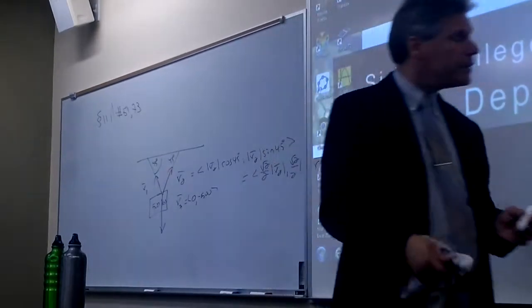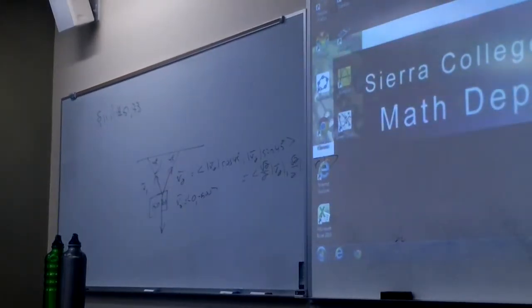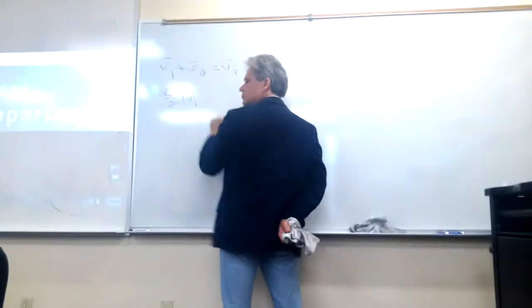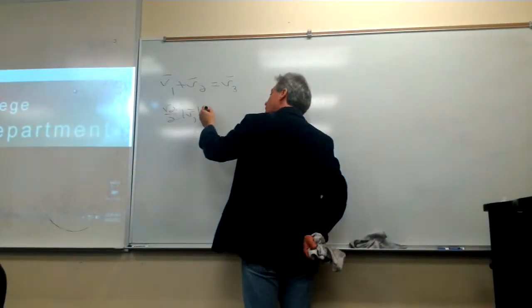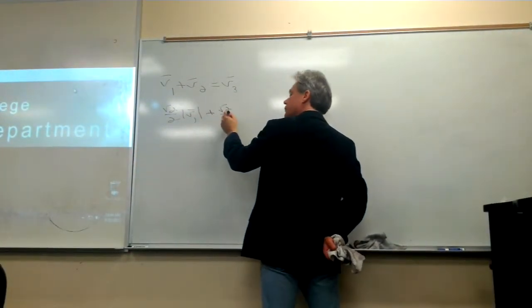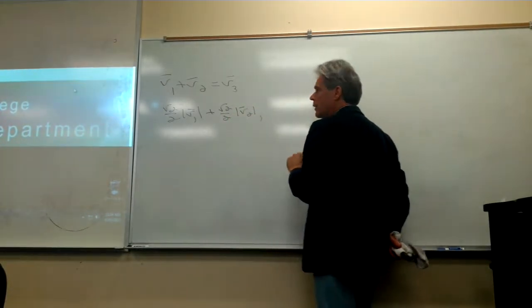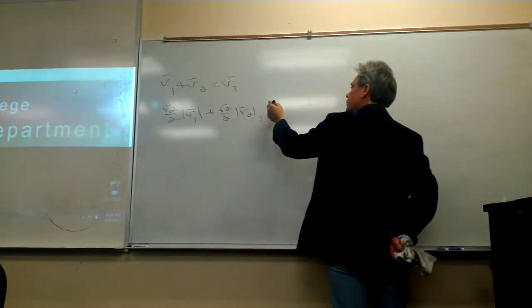And if it really is the case that V1 bar plus V2 bar is indeed equal to V3 bar, then technically speaking, that implies, okay, I've got my glasses off, I think they were root 2 over 2 times V1 bar's magnitude, plus root 2 over 2 times V2's magnitude, comma, same darn thing for the y coordinate.